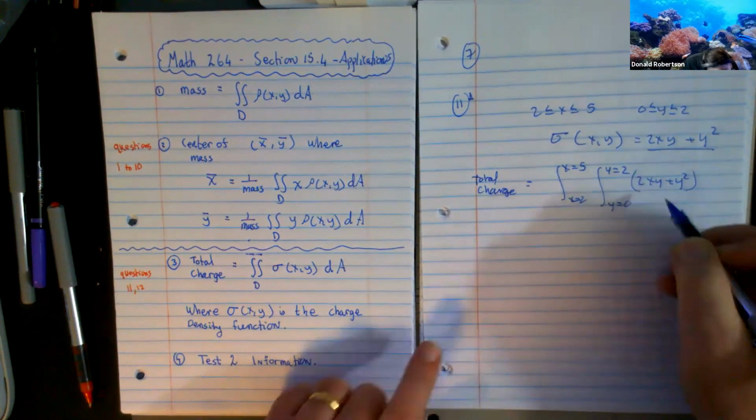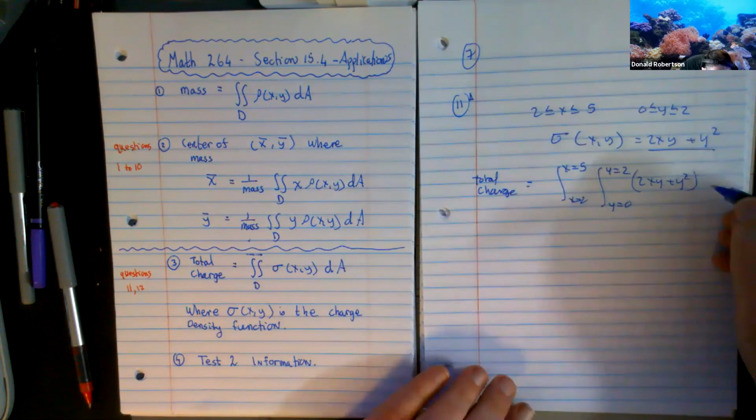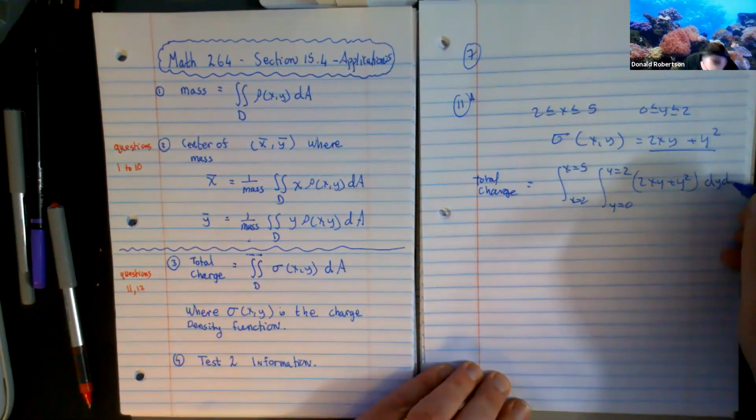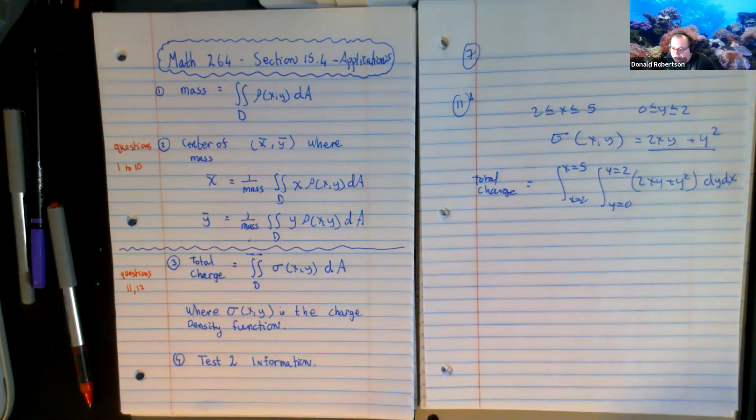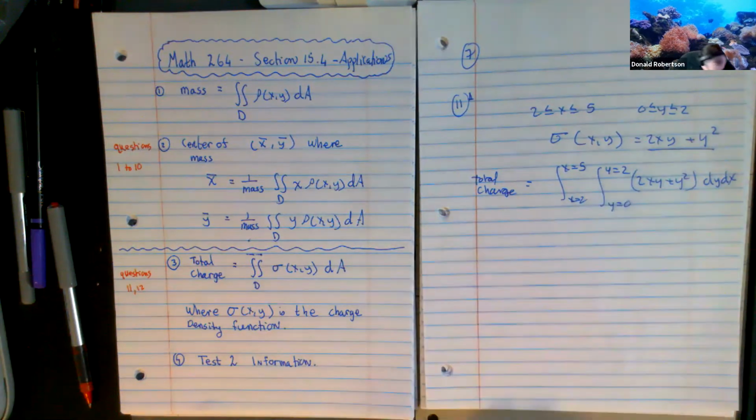We'll call it a density function, but it's a charge density function, and do a dy dx. Would you agree that that's a pretty straightforward rectangular double integral? And you just do it in whatever order you prefer.